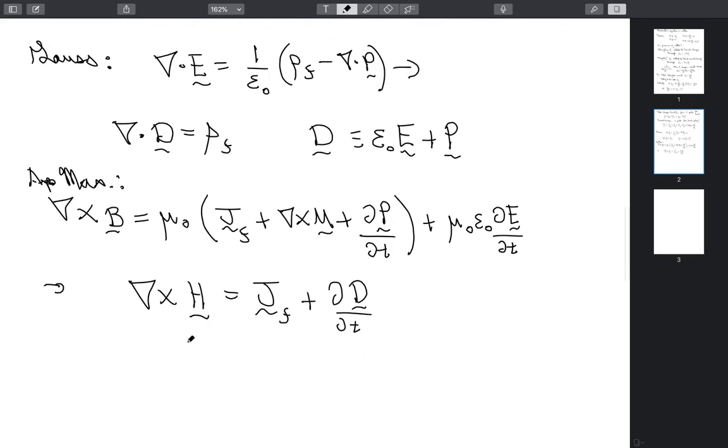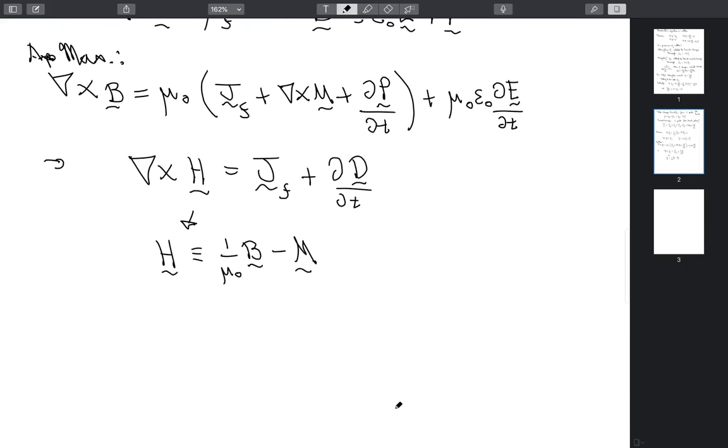This field H, which unfortunately doesn't carry a properly recognized name, people call it just the H field, many people call it just the magnetic field. So H is by definition 1 over mu 0 B minus M.